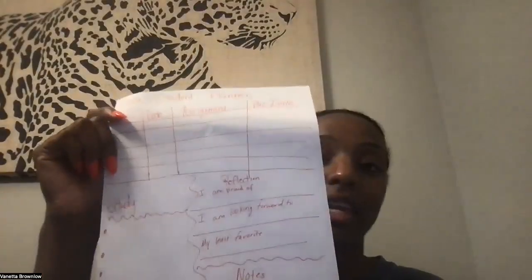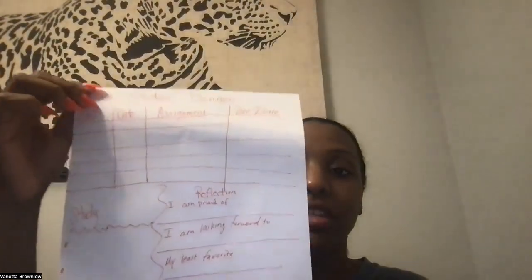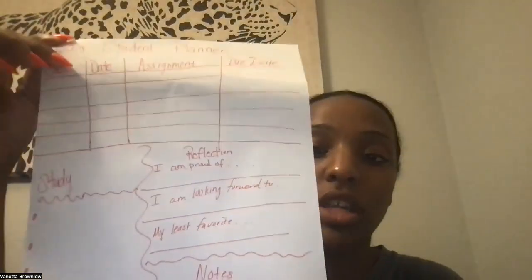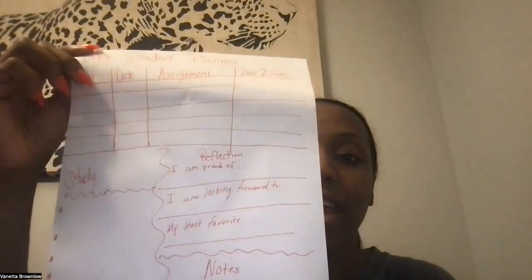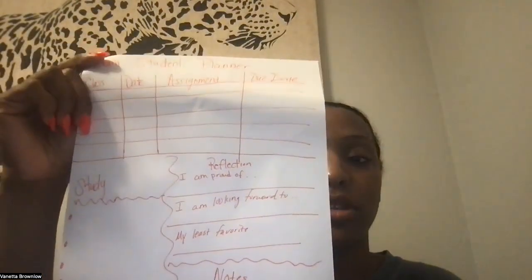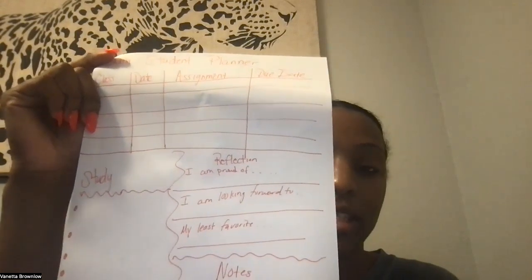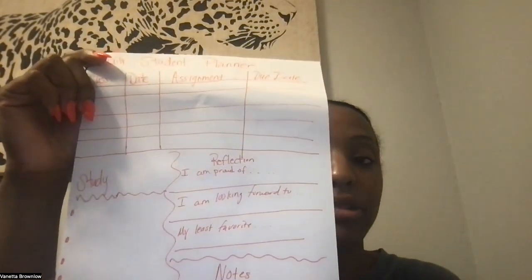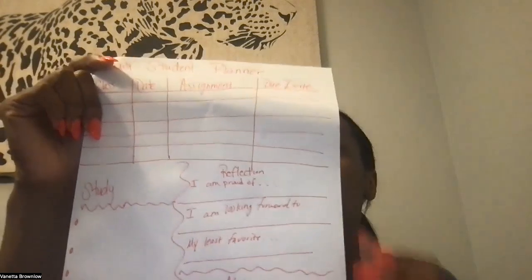Moving on, my next resource that I have implemented in my classroom that will be very beneficial is a daily planning sheet for students. This is the daily planning sheet. It looks just like this. It helps students stay organized with their daily tasks and goals. It includes sections for the particular day.